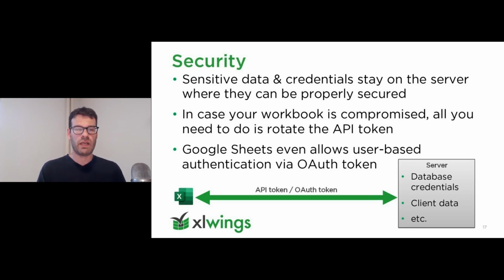But whenever that spreadsheet or that token gets into the hands of somebody who shouldn't have it, all you need to do is rotate that token on the backend. And this is basically where Google Sheets makes things even easier, because you can leverage the OAuth token directly from the Apps Script. And so basically, it's the user. You can verify the token on the backend.